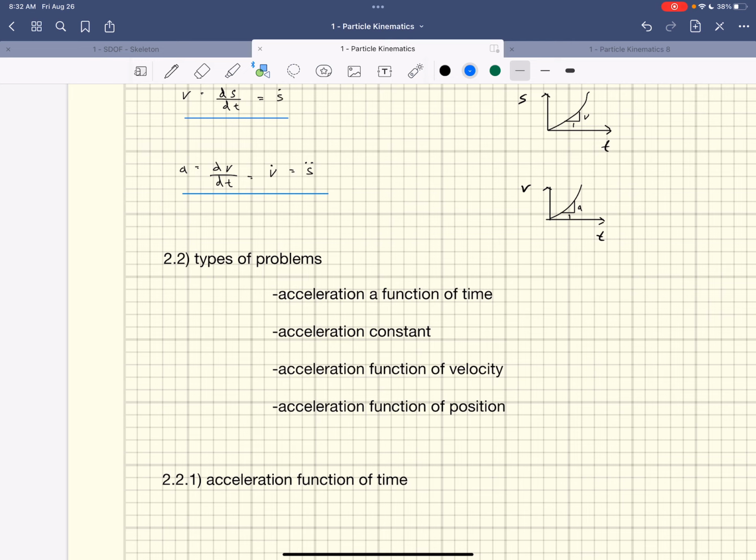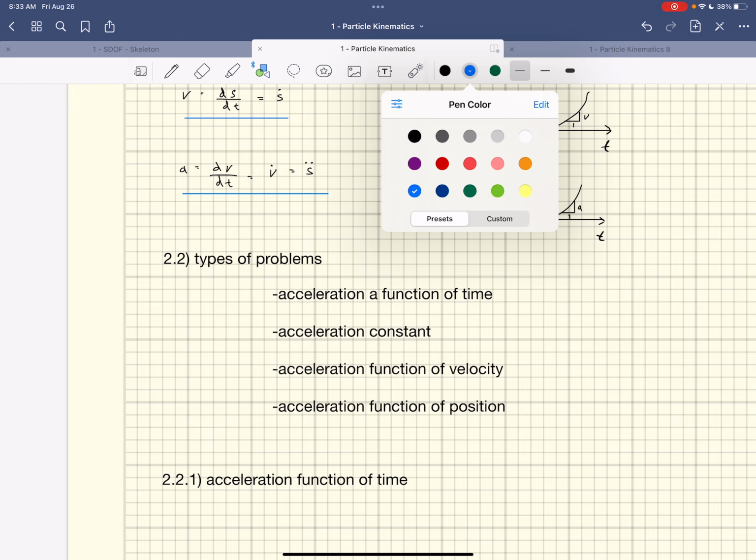What about acceleration as a function of velocity? When would acceleration change with velocity? Ball rolling across the floor. Is it friction? I can see that. A better one, not that that's a bad one, is air resistance. Friction would probably be kind of constant, independent of velocity.